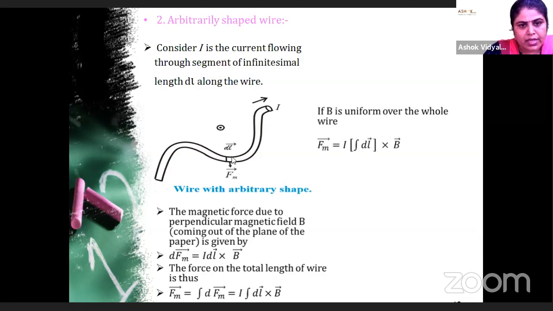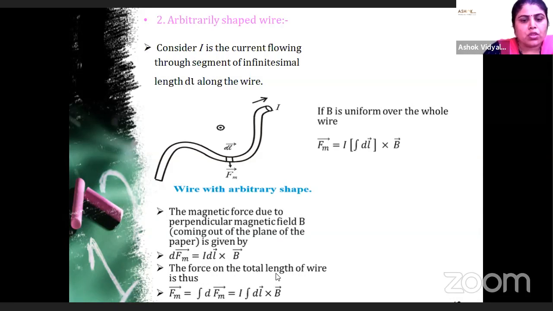The magnetic force due to the perpendicular magnetic field B bar coming out of the plane of the paper is given by dF bar equal to I dl bar cross B bar, where dl bar is a small part of that arbitrarily shaped wire.